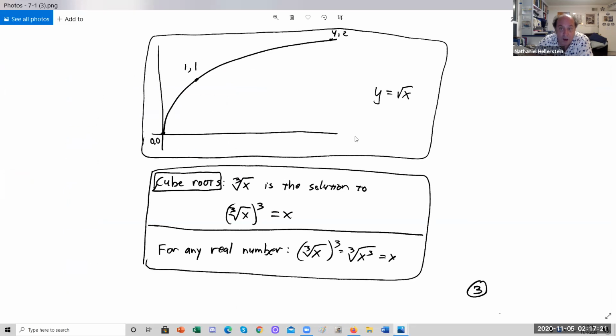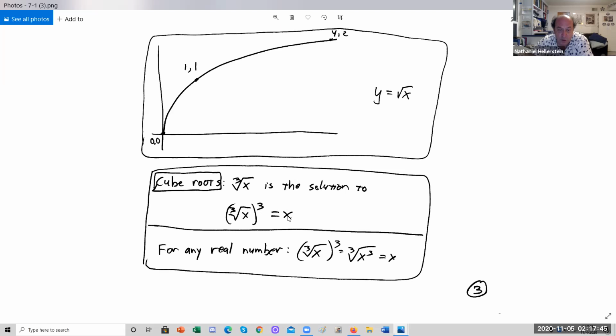Graphing y equals the square root of x, you get this upper half of a sideways parabola. If you drew y equals x squared, you get an upward pointing parabola. This is half of that parabola tipped on its side, because basically x and y exchange places. Now, the cube root function is related to the square root function.